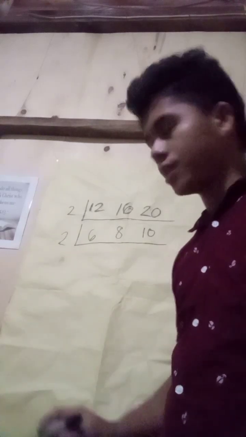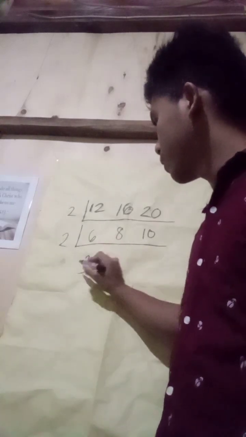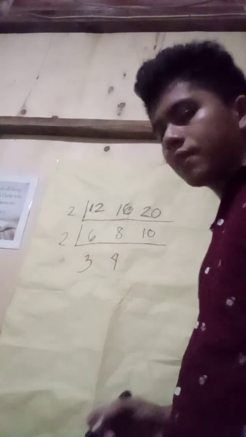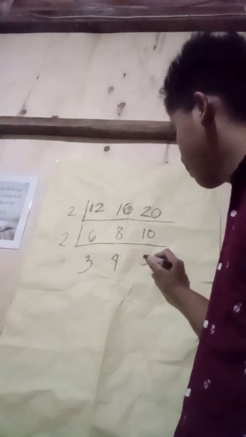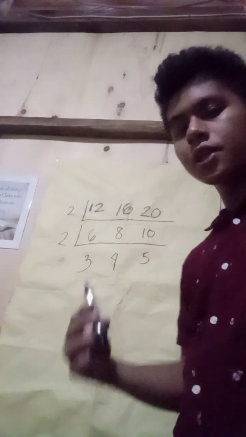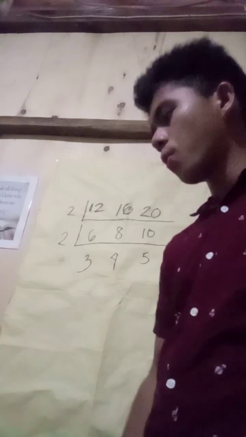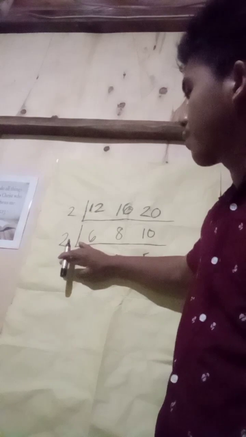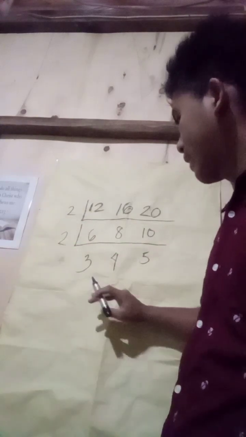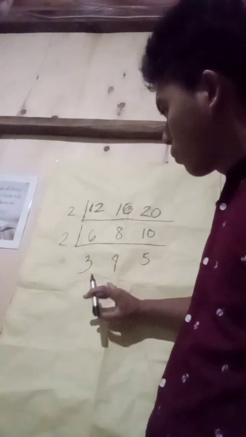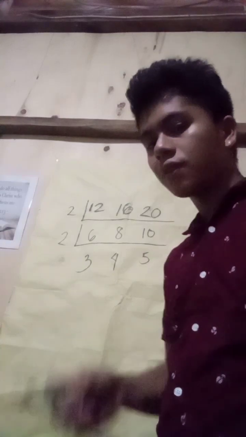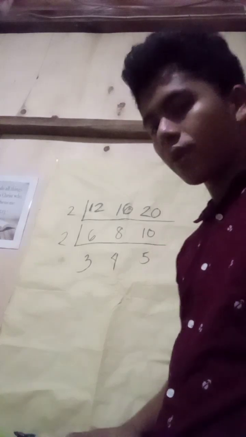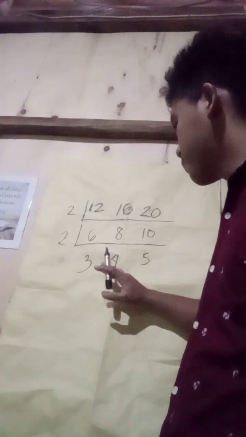6 divided by 2 is 3. And 8 divided by 2 is 4. And 10 divided by 2 is 5. Repeat the process until there is no common prime factor or no common divisor. And in this part, we don't have any divisors that we can use because it is our dead end, or our last part.